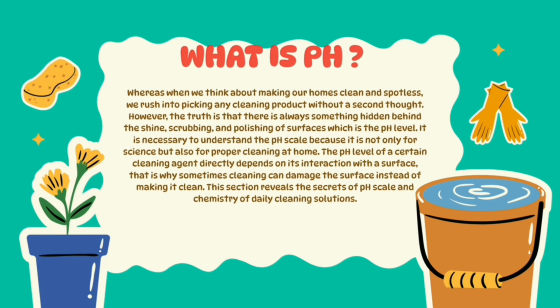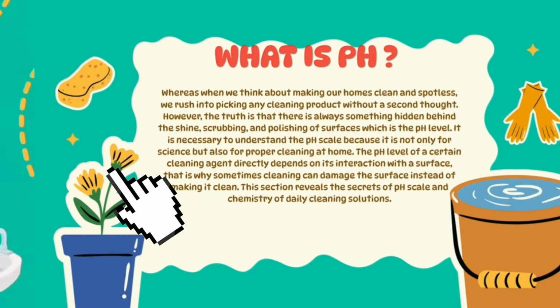It is necessary to understand the pH scale because it is not only for science, but also for proper cleaning at home. The pH level of a certain cleaning agent directly depends on its interaction with a surface. That is why sometimes cleaning can damage the surface instead of making it clean. This session reveals the secrets of the pH scale and the chemistry of daily cleaning solutions.